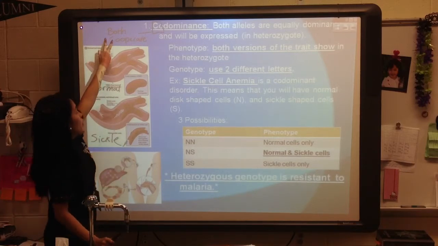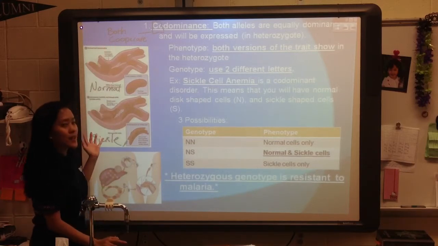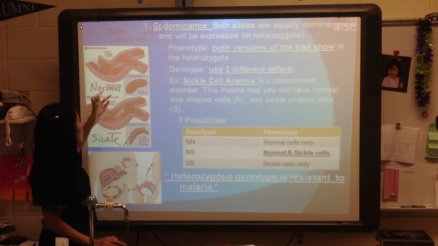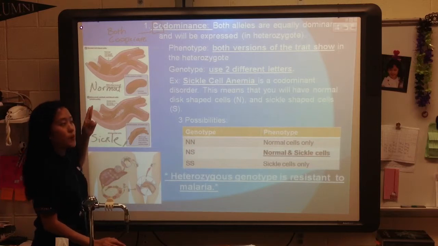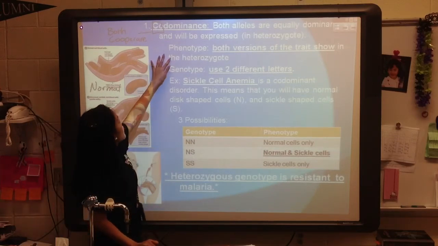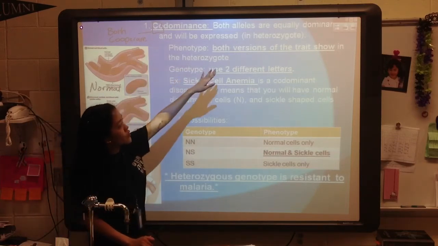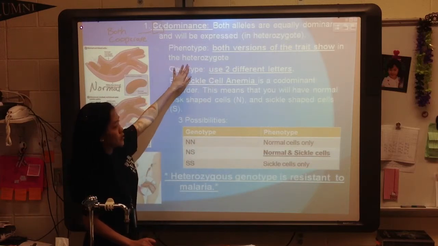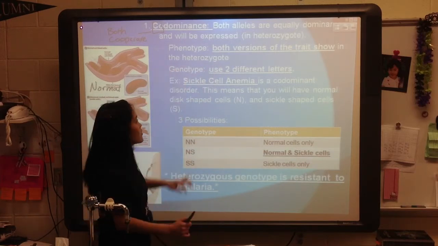And so if they both cooperate, what we're really saying is that we have 2 alleles, one for normal blood, one for sickle blood. And if they're both cooperating, they can both show up together at the same time or in the same person. So the phenotype for codominance, what is the heterozygote?